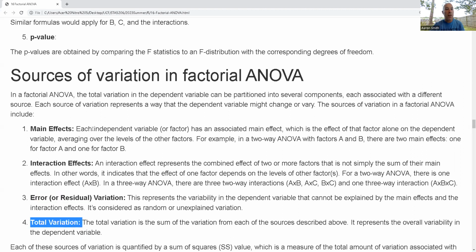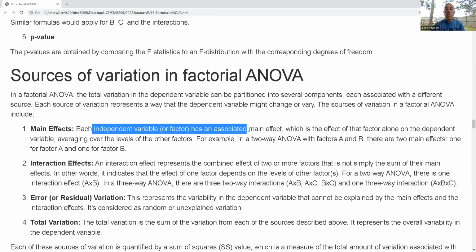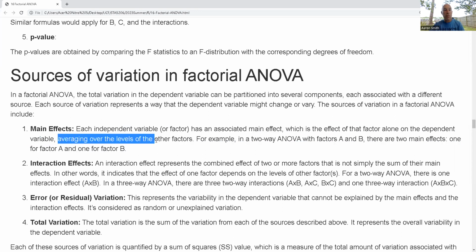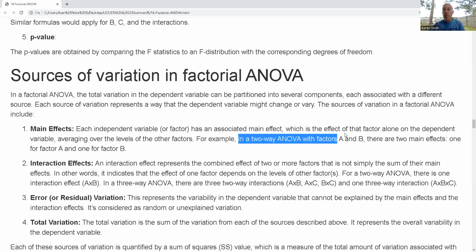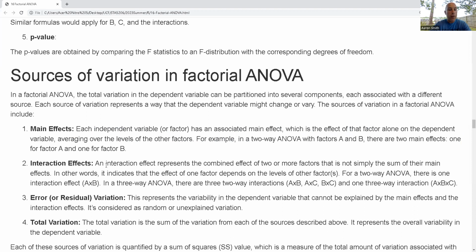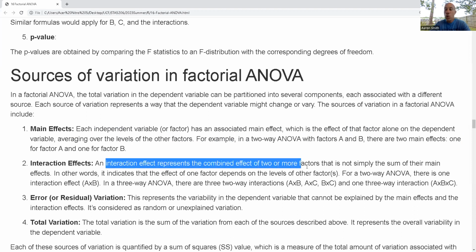The main effects: each independent variable has an associated main effect, which is the effect of that factor alone on the dependent variable, averaging over the levels of the other factors. For example, in a two-way ANOVA with factors A and B, there are two main effects, one for factor A and one for factor B. An interaction effect represents a combined effect of two or more factors that is not simply the sum of the main effects.